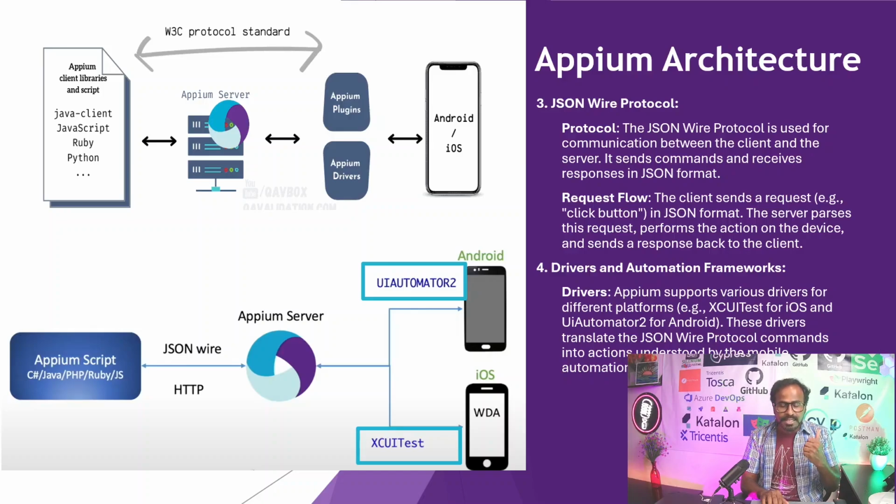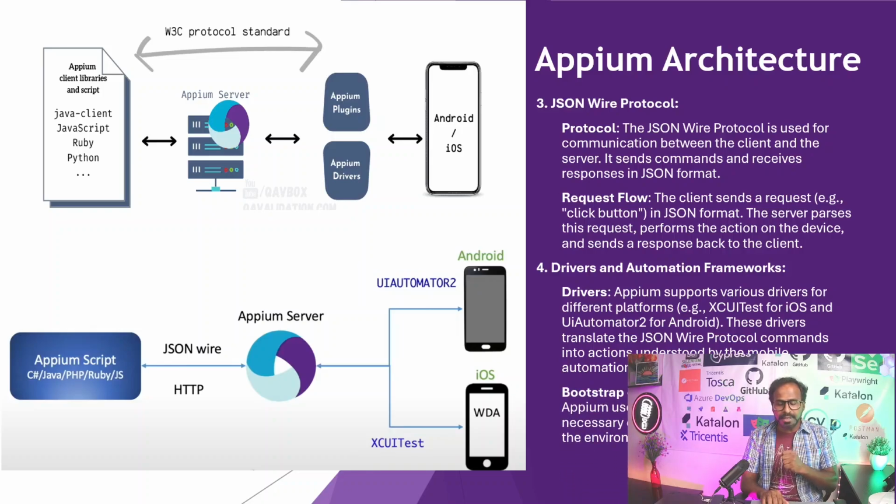These drivers translate the JSON wire protocol commands into actions understood by the mobile automation frameworks. And Bootstrap. For Android devices, Appium uses a Bootstrap process to install necessary components on the devices, ensuring the environment is ready for testing.